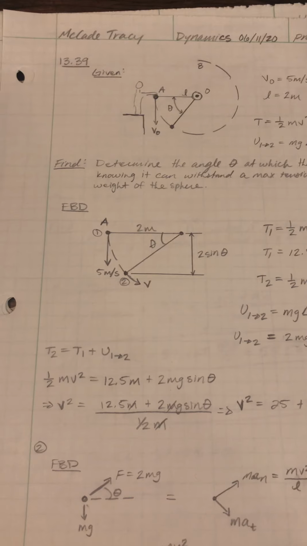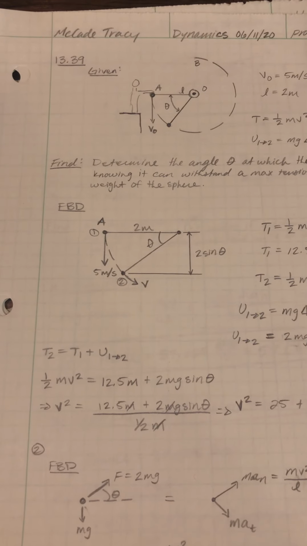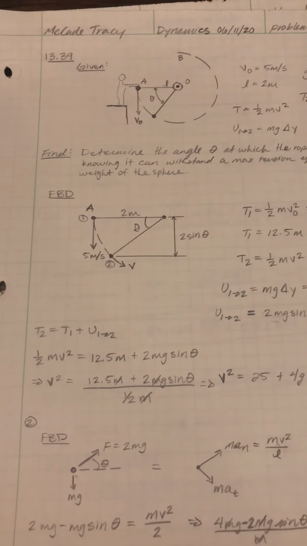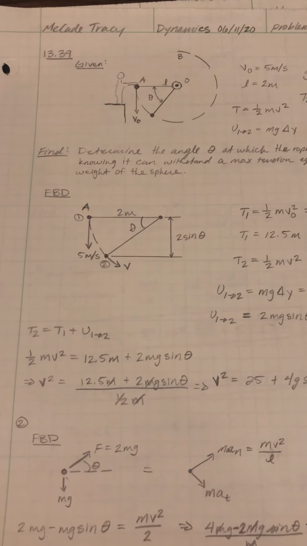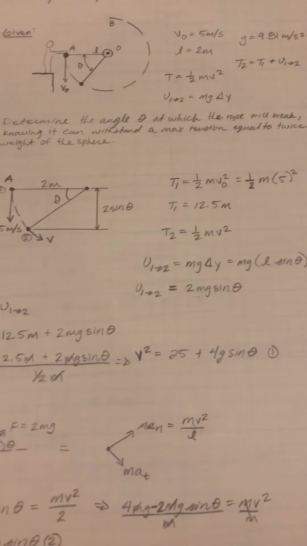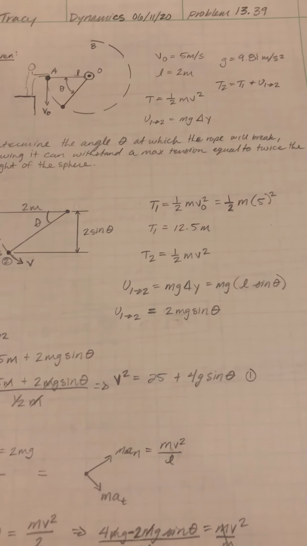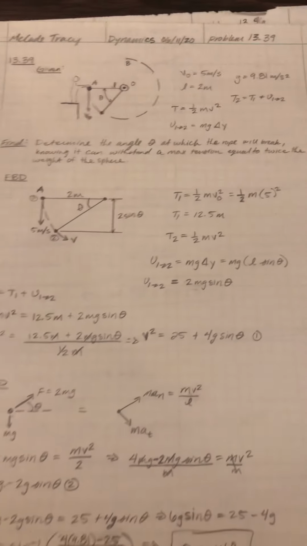Using this same equation, T2 equals T1 plus U sub 1 to 2. Plugging in our values, we're able to find a v squared equation as v squared equals 25 plus 4g sine theta. And that's our first equation.